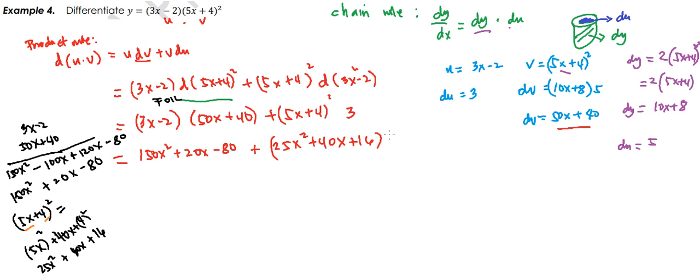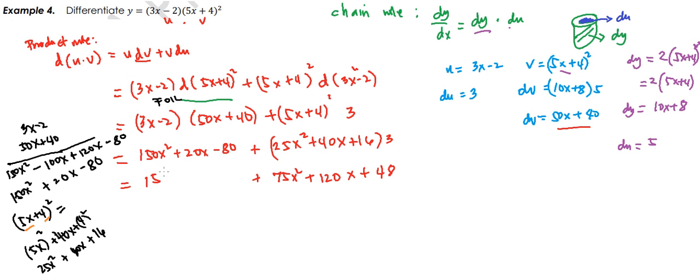And then multiply natin sa 3. So, this would give us 3 times 25, that is 75x squared, plus 40x times 3, that is 120x, plus 16 times 3, that is 48.